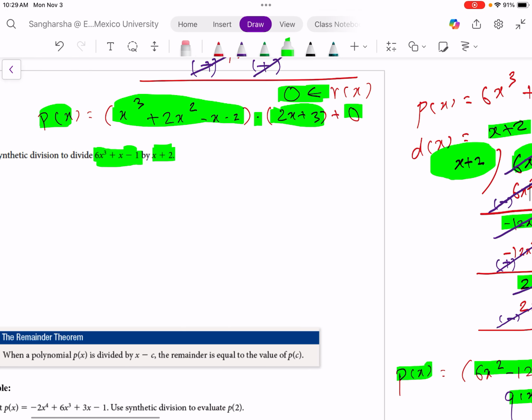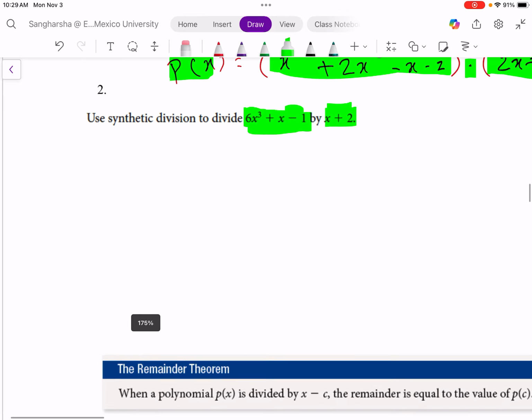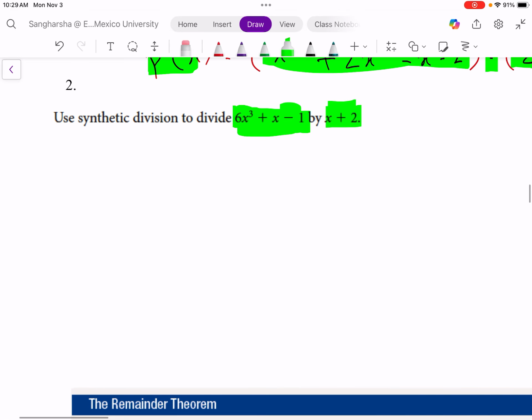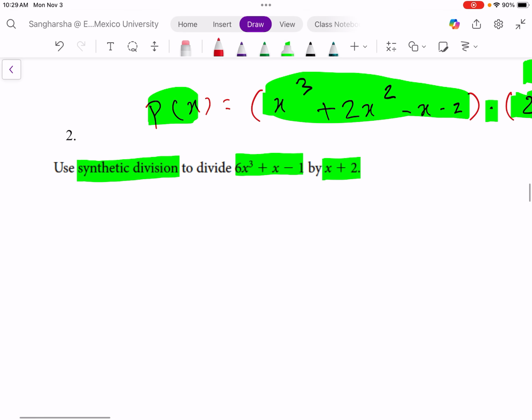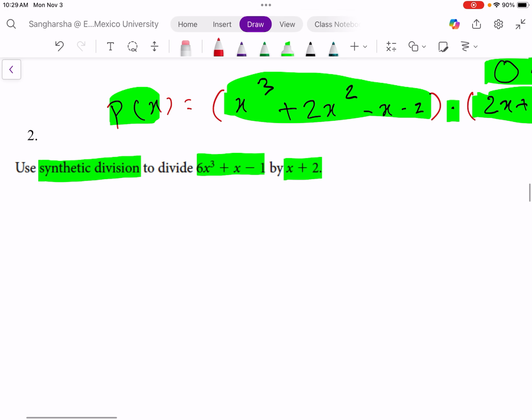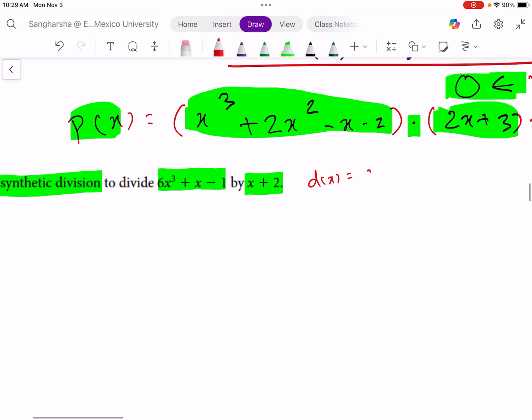Okay, now the next method, we have a synthetic division. Okay, it's the same. We are dividing our polynomial by a divisor using a synthetic division, and we use synthetic division only in one case. If our divisor d of x is in the form x minus some number a.